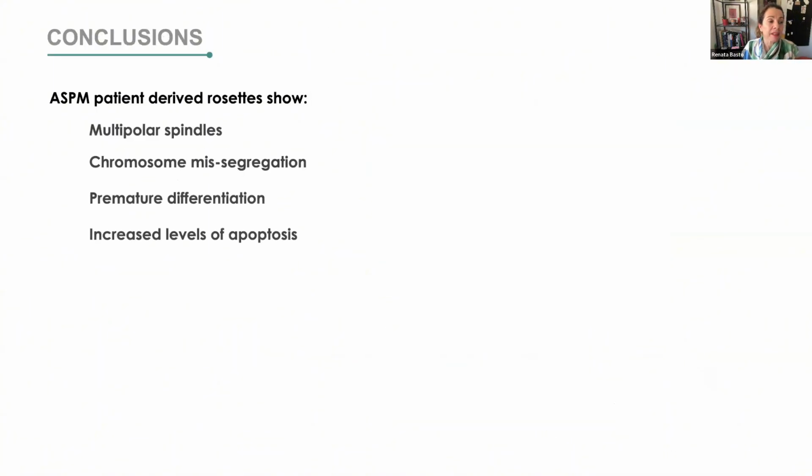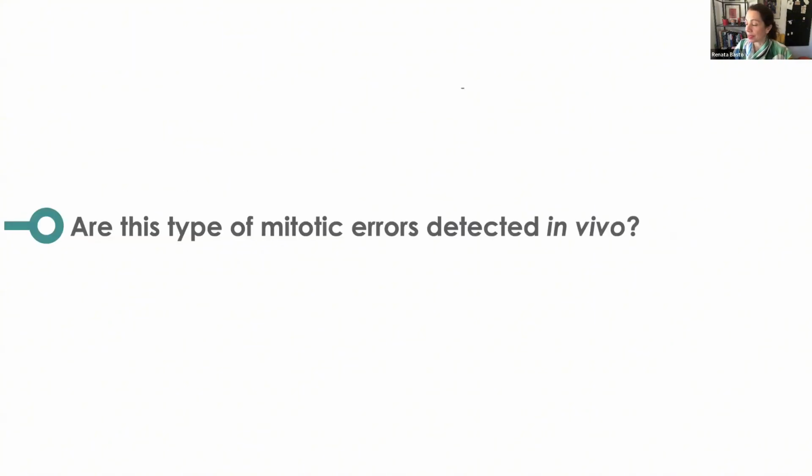So with this, we learned that ASPM patient-derived rosettes show multipolar spindles, chromosome missegregation, premature differentiation, and increased levels of apoptosis. The key question, of course, is to what extent these results can actually also be detected in vivo.